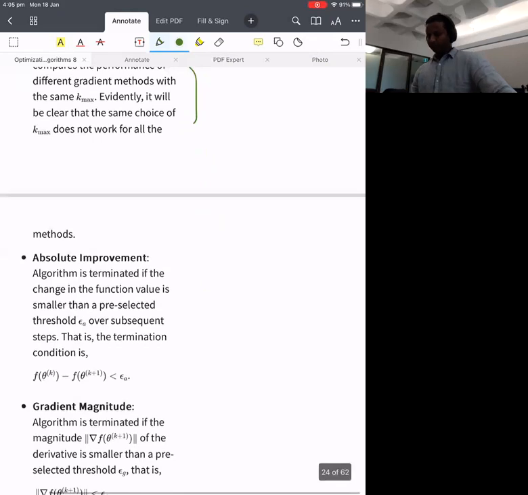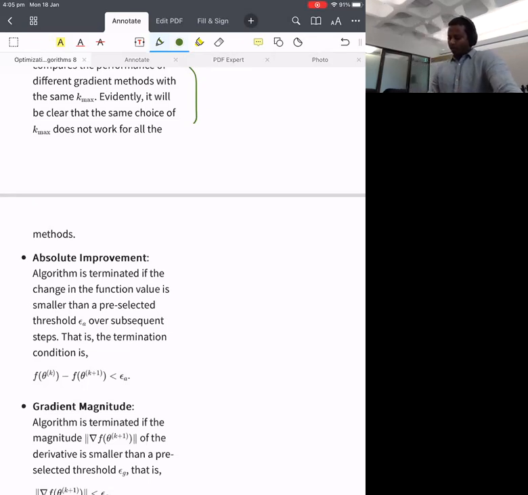Okay, suppose you let the algorithm run and terminate it depending on the state of the function value. Then the first option in that setup is called absolute improvement. What is this?